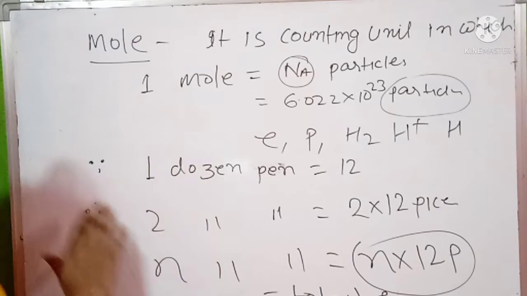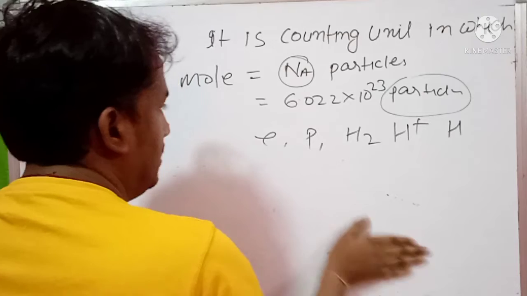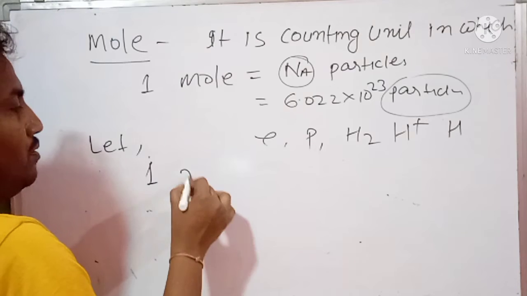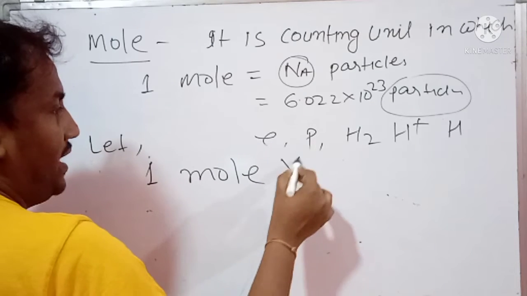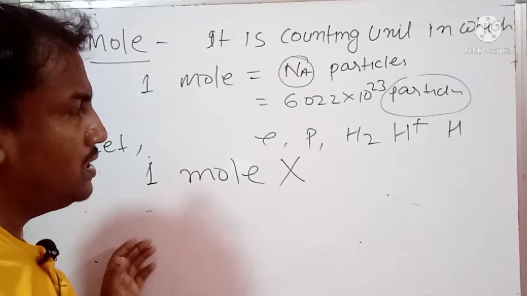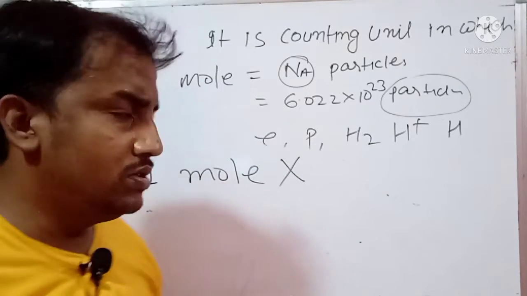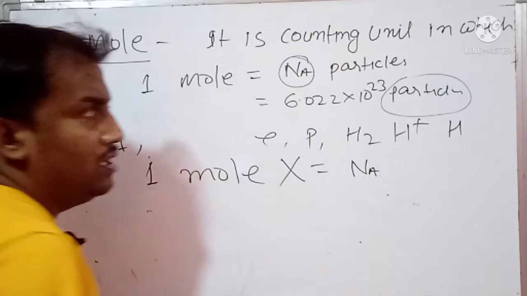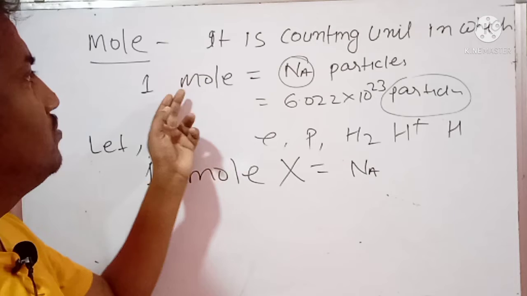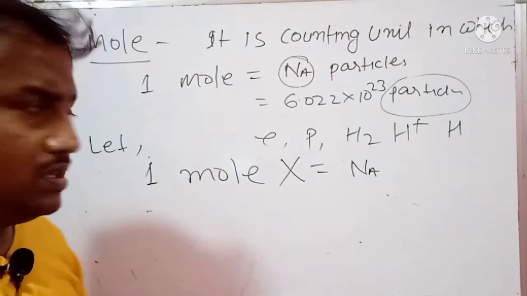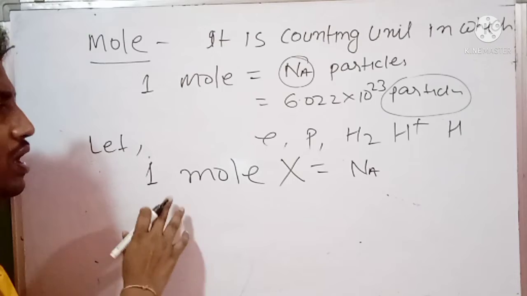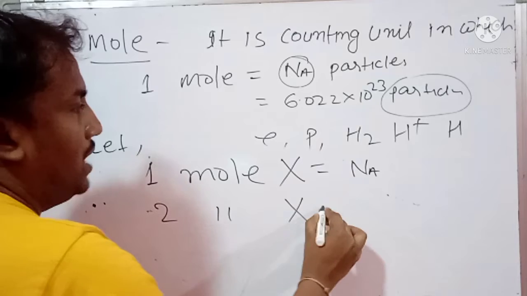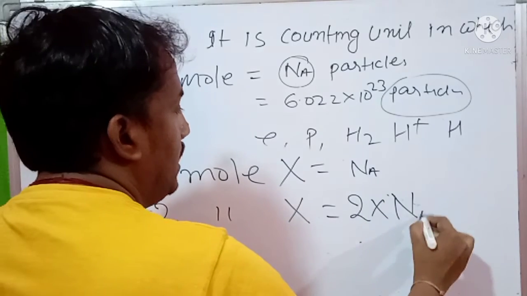By this basis, we can use this trick to derive the first formula of the mole concept. Suppose we have 1 mole of X, where particle X can denote electron, proton, hydrogen atoms, ions, molecules, etc. 1 mole of X is equal to Na particles, since a mole is a counting unit in which 1 mole equals Na particles. 2 moles of X is equal to 2 into Na.